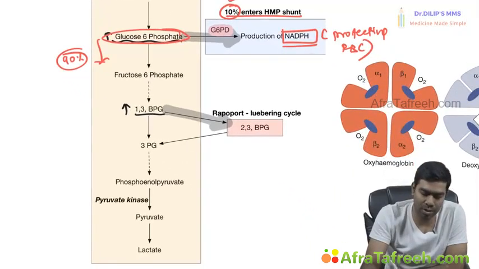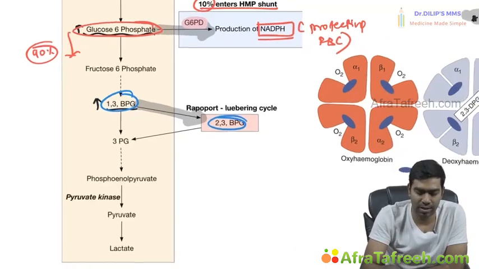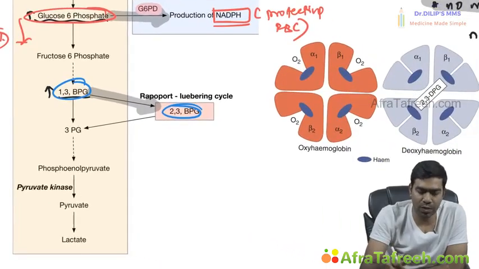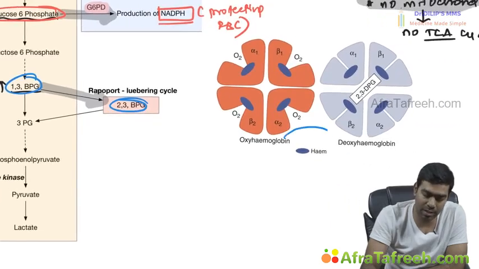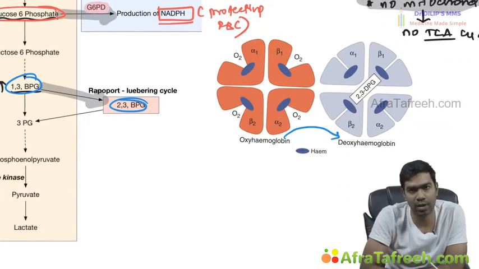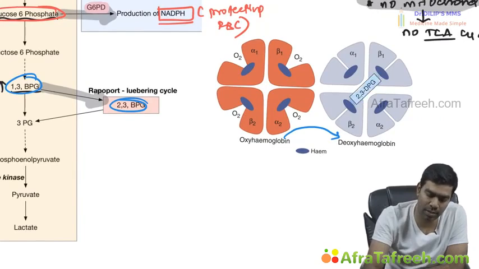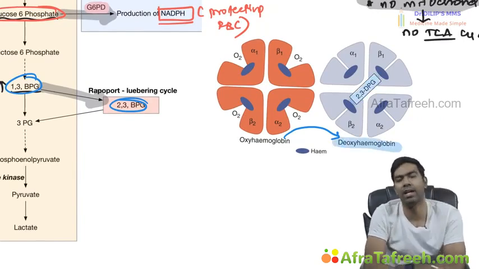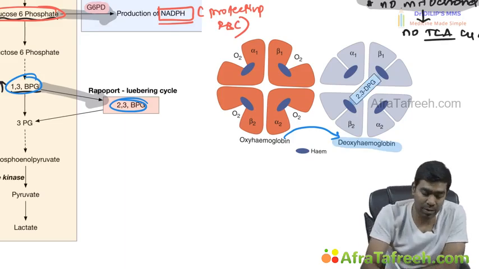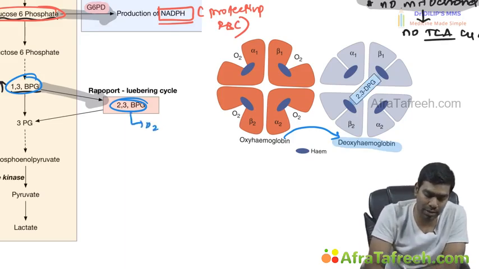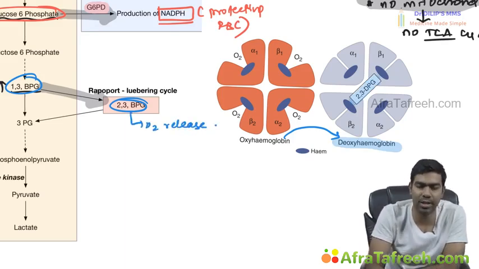At the same time, some of the 1,3-BPG is going to become 2,3-bisphosphoglycerate, and production of 2,3-bisphosphoglycerate is very important because it converts oxyhemoglobin to deoxyhemoglobin. This 2,3-BPG binds with deoxyhemoglobin with very high affinity, which means it causes oxygen release, which is crucial in the microcirculation at the cellular level, where oxygen has to be released near the cells for cellular respiration.